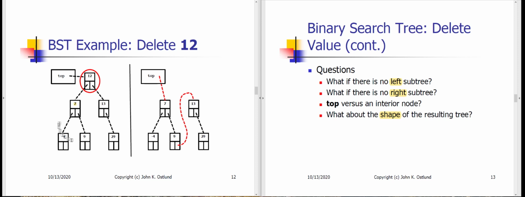We used to have a tree that was just 3 levels deep, roughly the same shape at each level. But now, by getting rid of the 12 and following our silly but correct algorithm, now we have 7 at the top. It only has 1 left child, but it's got 3 right children. From the top we go to 7, and then to the right we go to 9, and to the right we go to 13, and to the right we go to 29.